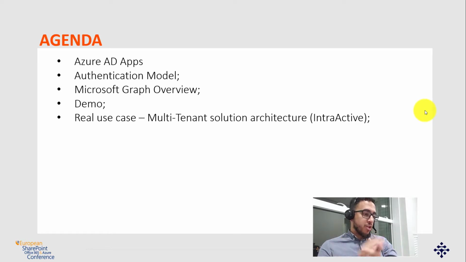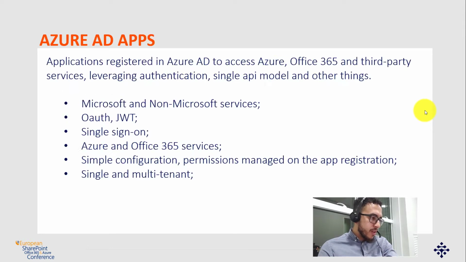Okay, so let's start. What are Azure AD Apps? Basically, Azure AD Apps are applications that we register in our Azure AD, and then we can use this app to also register in the customer tenant.